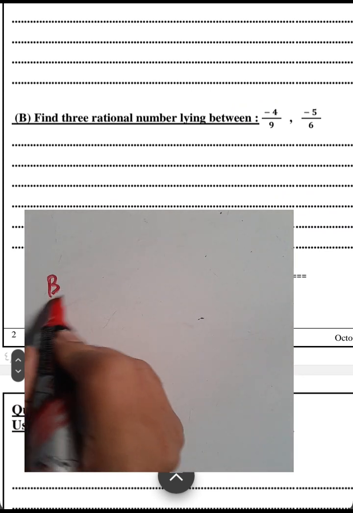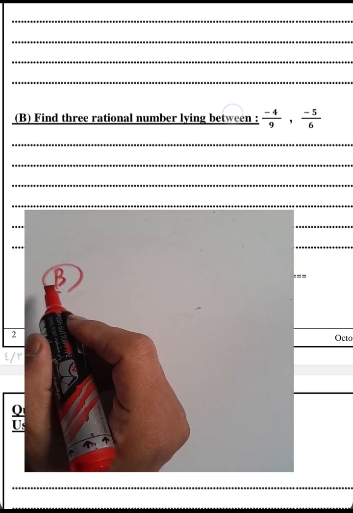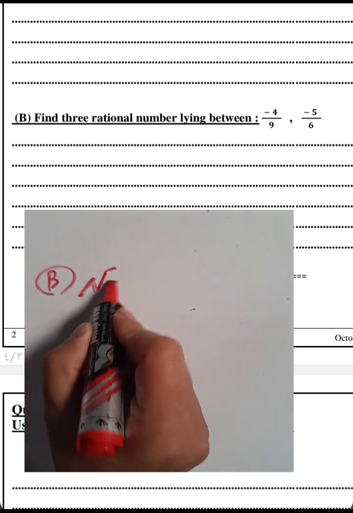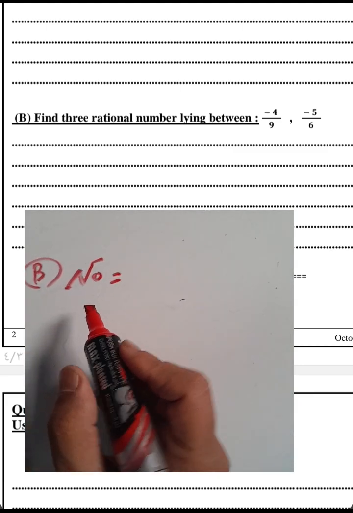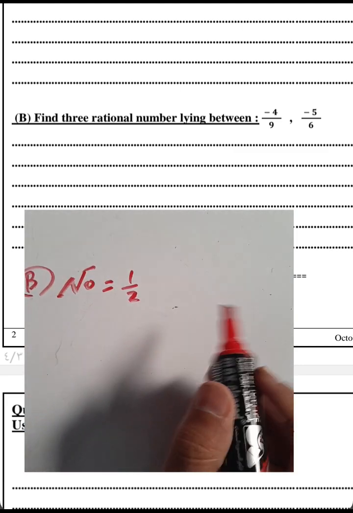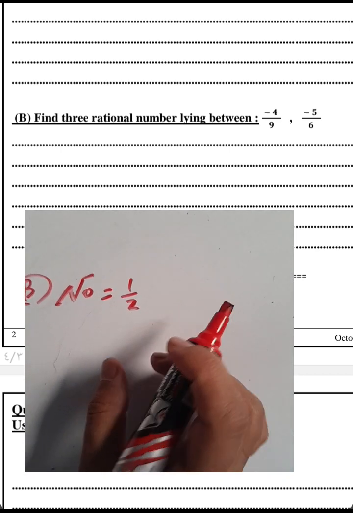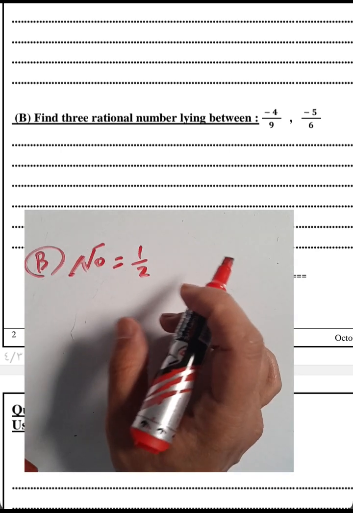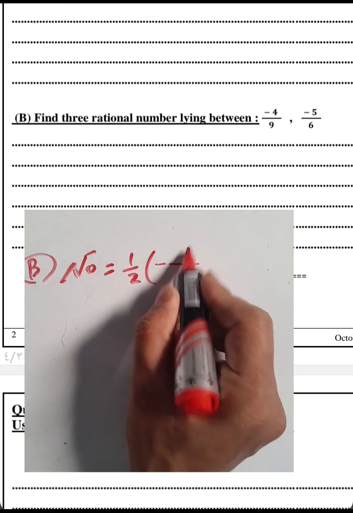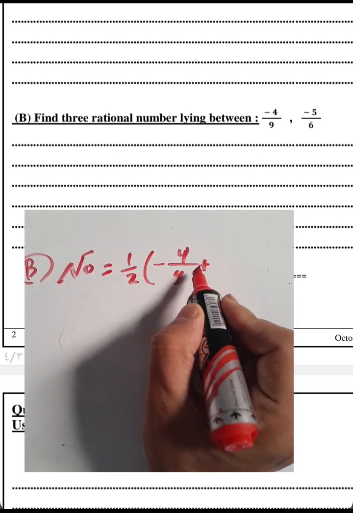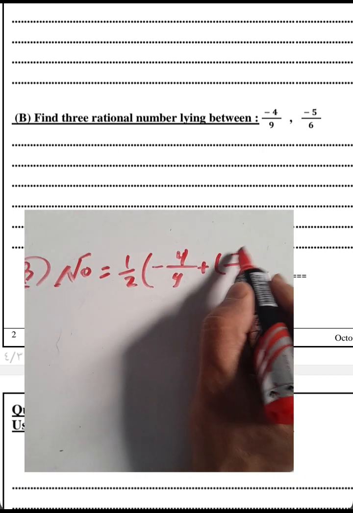Next question, letter B. Find a rational number lying between two numbers. We can find the number by finding the middle between two numbers, the mean of the two numbers, negative 4 over 9 and negative 5 over 6.